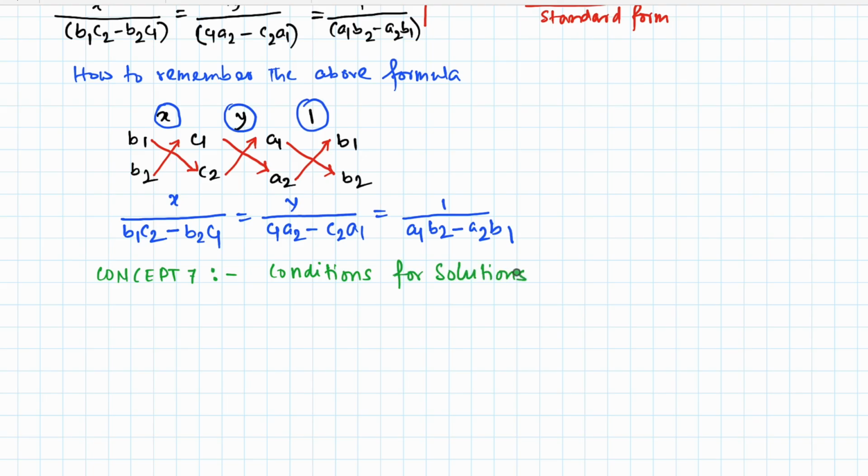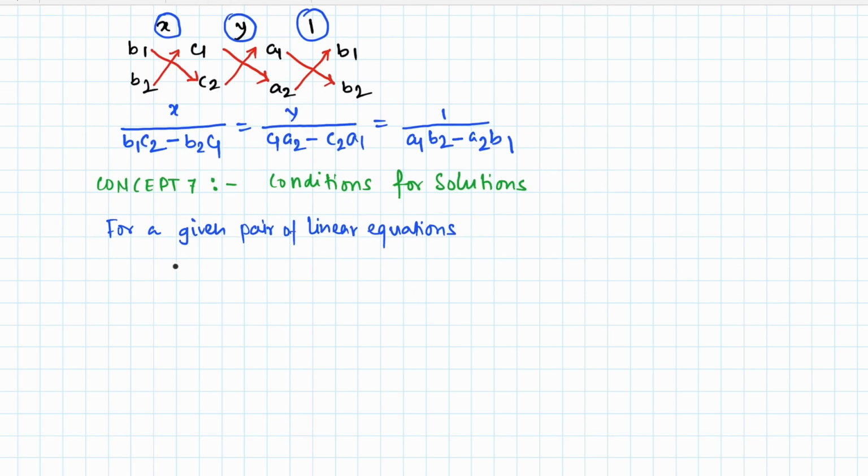Now concept number 7, conditions for solutions. This is also very important. We have shown you in every problem that we have solved: first we frame the equation, then we check the conditions.